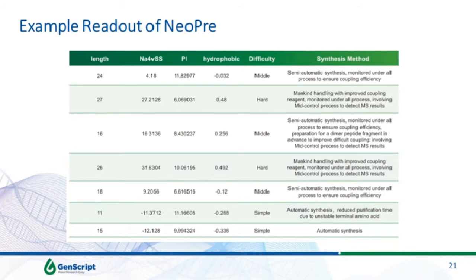Here's an example of that. A small number of peptides here. They vary in physiochemical properties, as you can see, from length to hydrophobicity to difficulty. And just to show you a little about what's behind the scenes, in addition to a score, we're ultimately coming out with the recommended production processes that will follow, whether they're standard fully automated, as you can see at the very bottom, something more semi-automated, or an R&D project that we would be willing to take on.